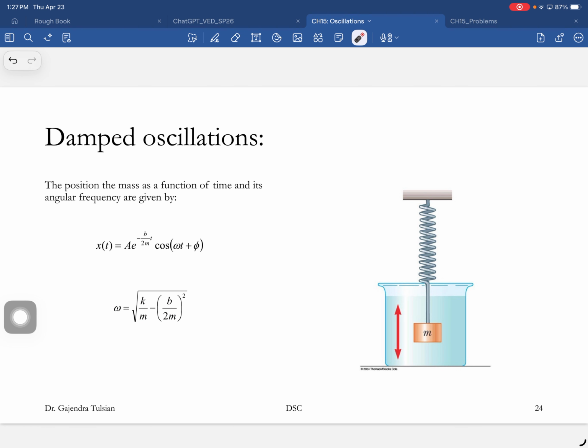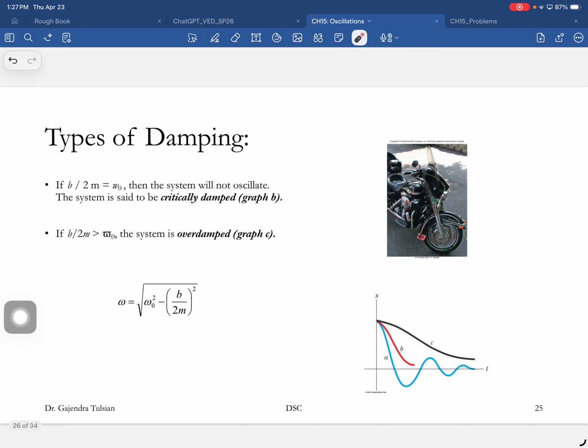That is called critical damping. Of course, if that gets to be too large, then the wheel might not even get to the road. You don't want that happening either. So you make sure that B is slightly less.